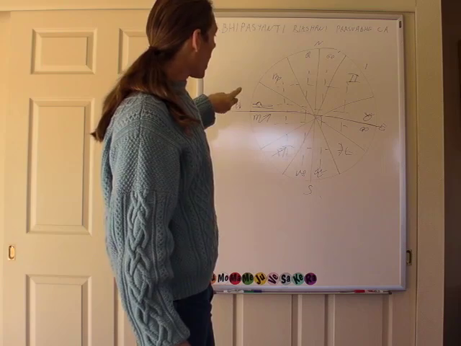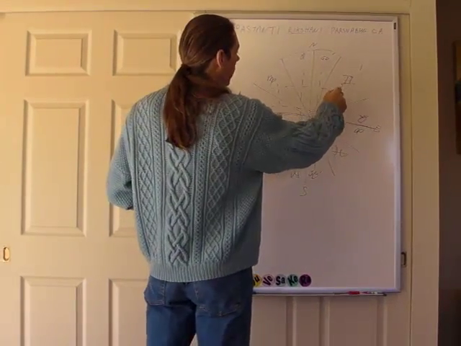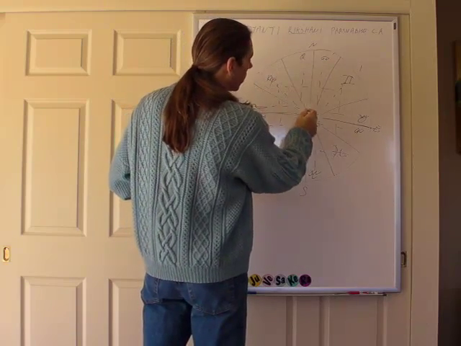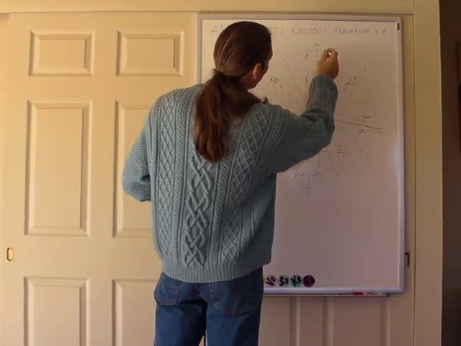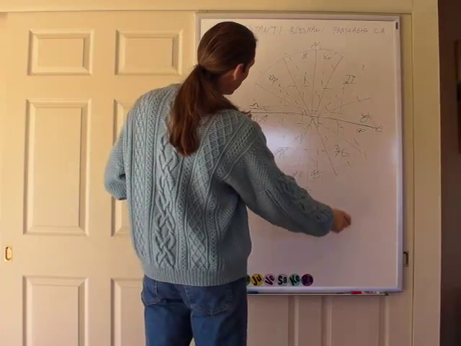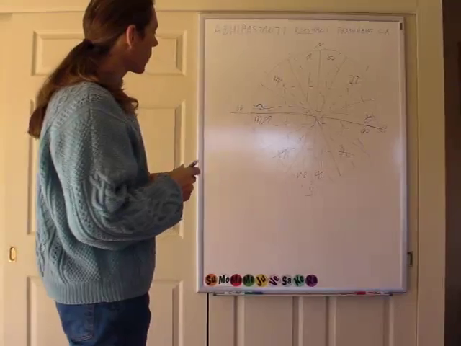Then we have cross directions, where Gemini aspects Sag, Virgo aspects Pisces, Leo aspects Aries, and Cancer aspects Taurus. Libra aspects Aquarius, Scorpio aspects Capricorn.